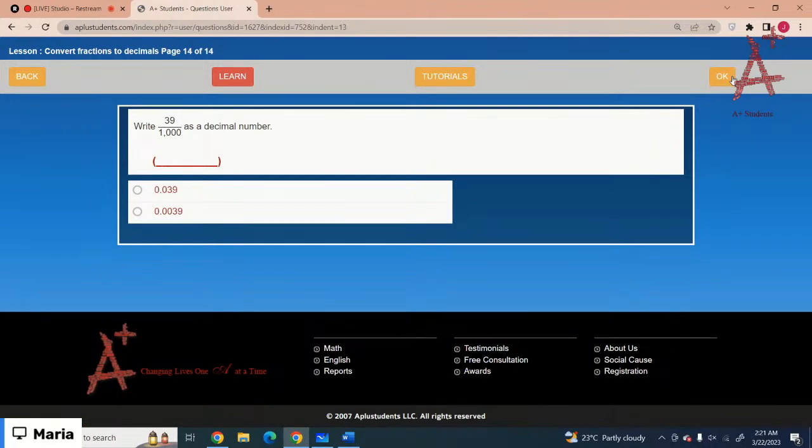Very good. Okay, 39 divided by 1000 as a decimal, so which is the correct option? You need to move the decimal point three places left, got it? So it would be option number 1.